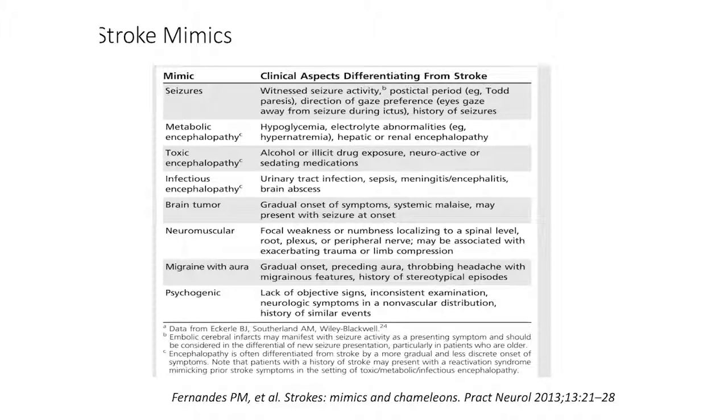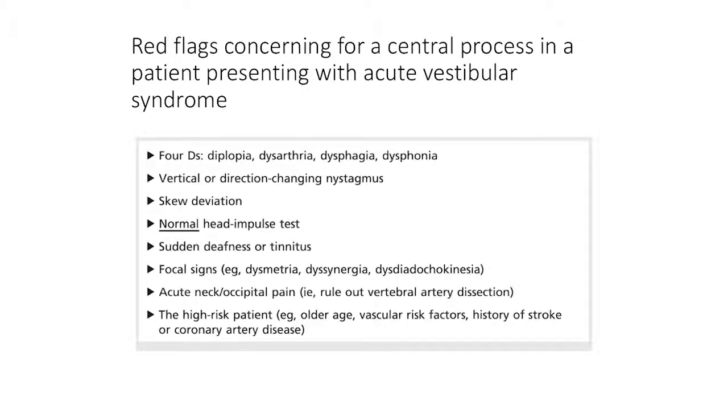Neuromuscular disorders will also present with focal weakness and numbness. Migraine with aura can also mimic strokes, and of course, psychogenic. So red flags concerning for a central process: if a patient comes with acute vestibular syndrome, this one I cannot overemphasize. If a patient comes with vertigo or dizziness, you need to make sure there is no central cause of the same.